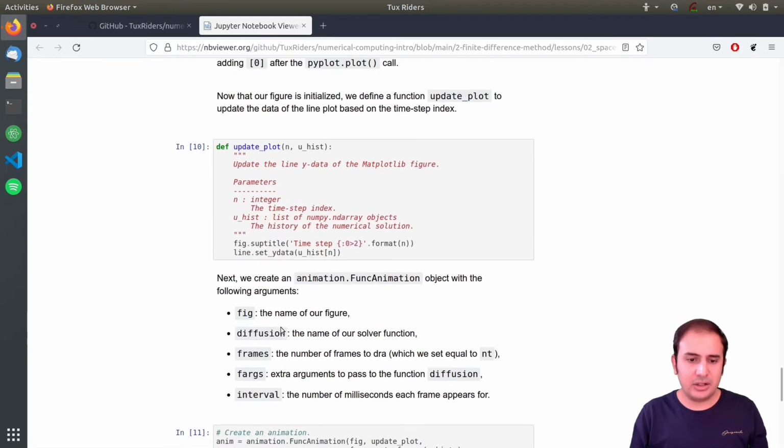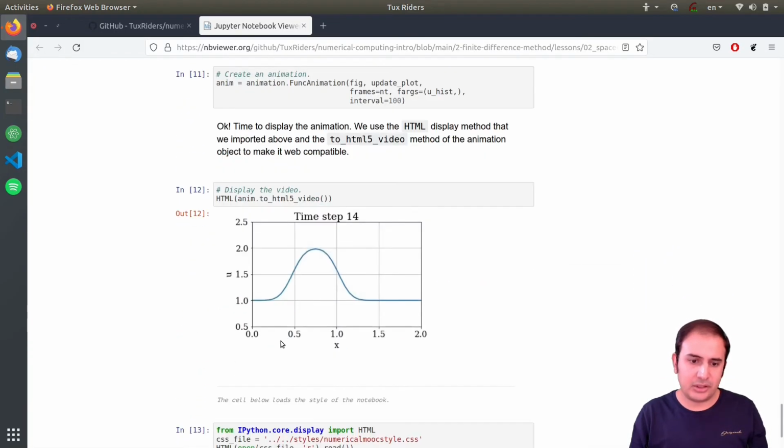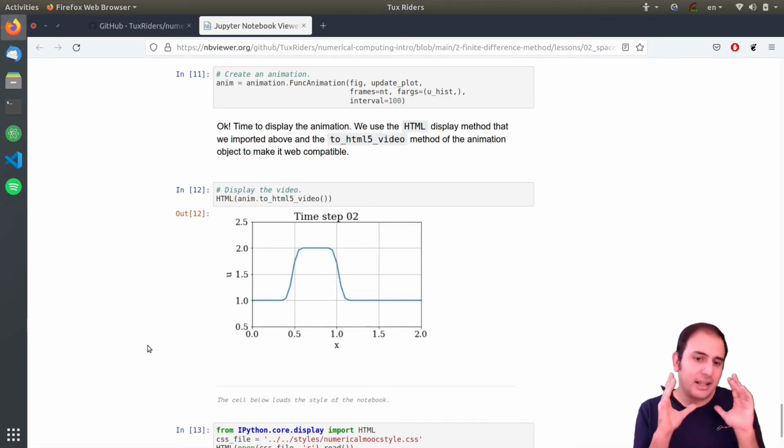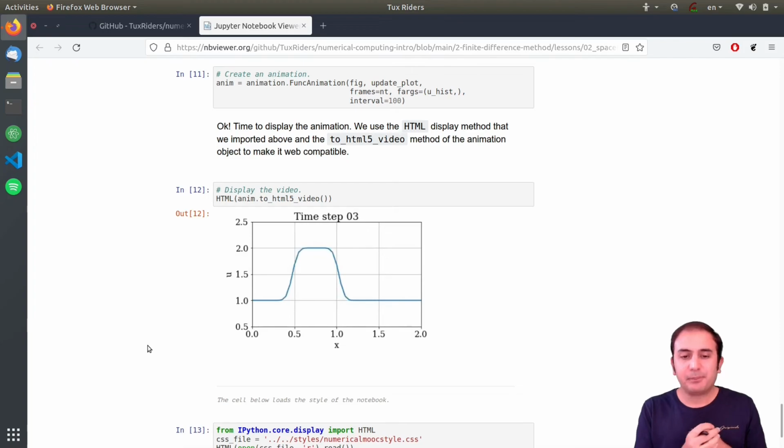So this is how it works in action. As you can see, this is how diffusion works in reality for this kind of problem setup. This is very nice and shows the power and the beauty of numerical computing.